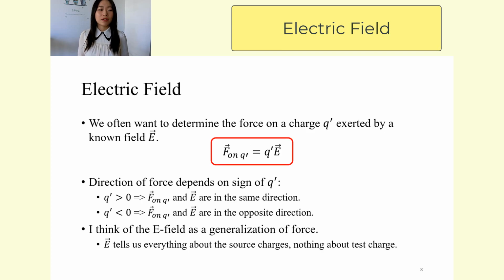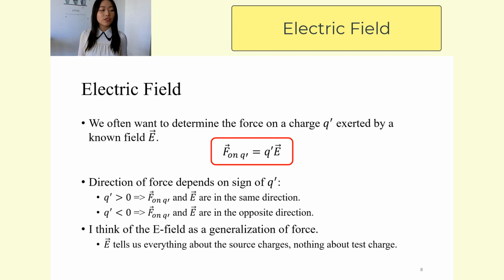We often want to determine the force on the charge q' exerted by a known electric field. So using the definition we just had for the electric field, we can solve for the force acting on the test charge, which would be q', the test charge, times the electric field. From here, we noted a few points. Direction of the force depends on the sign of the test charge.